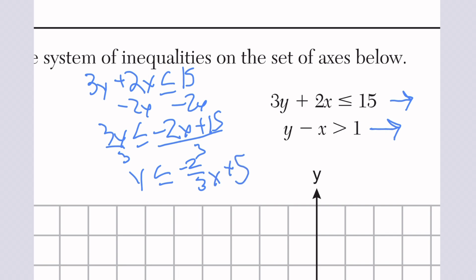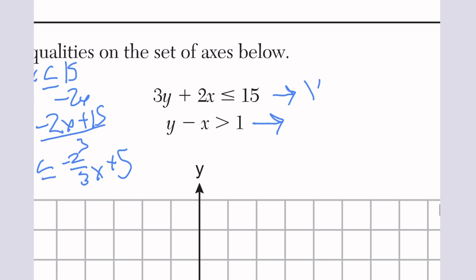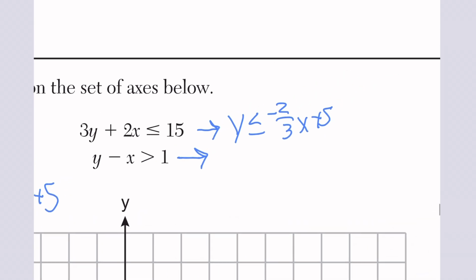Now, for the next one, I'm just going to copy this down here so it's going to be easier. The next one is going to be y minus x greater than 1. That, we're just going to add the x on both sides, and we get y is greater than x plus 1.